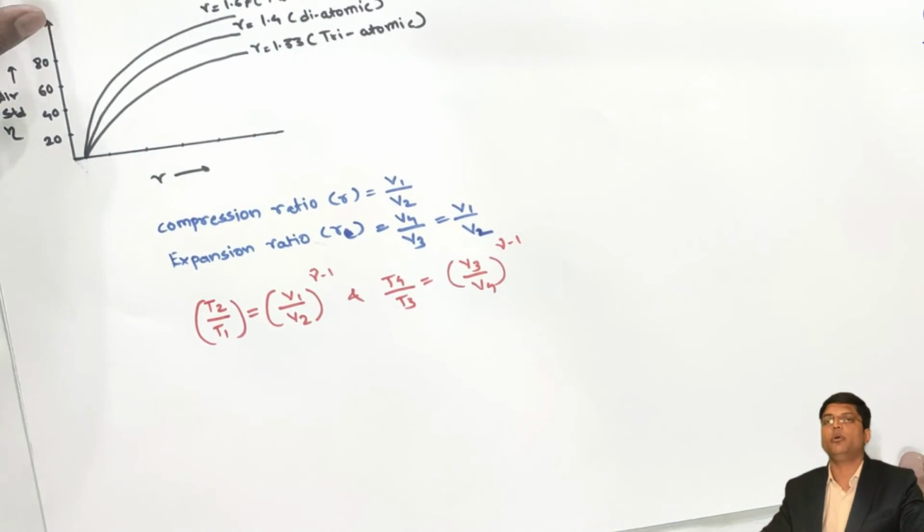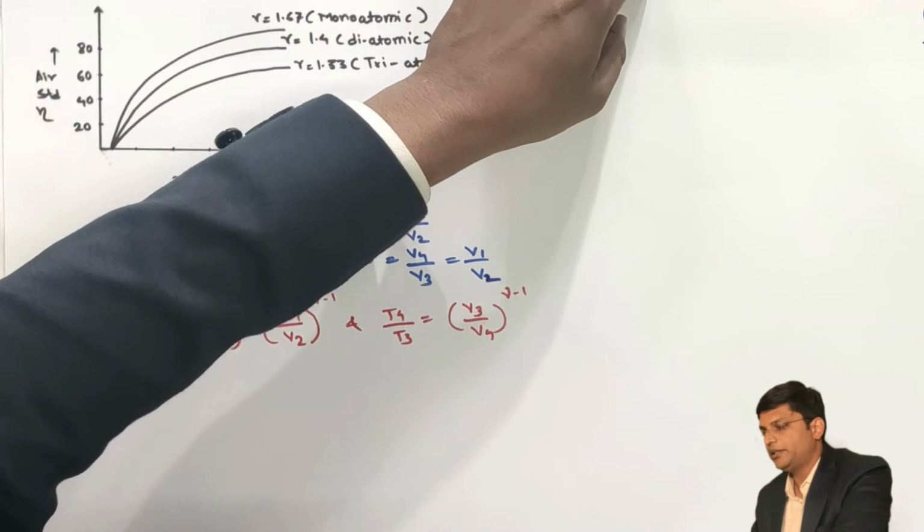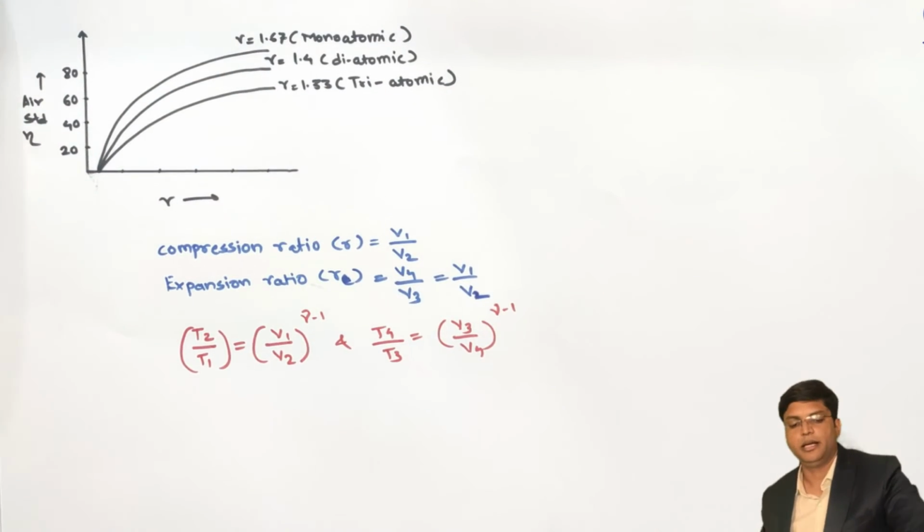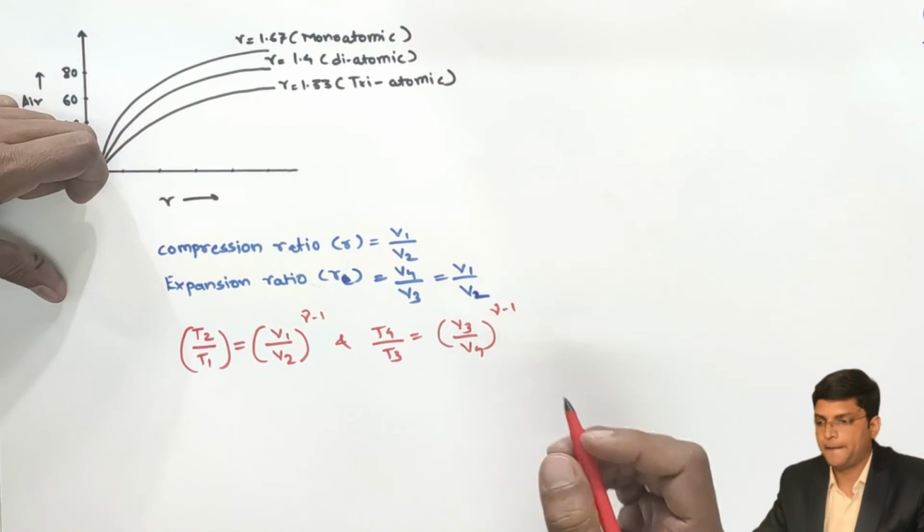Gamma is nothing but the ratio of heat addition at constant pressure upon heat addition at constant volume.